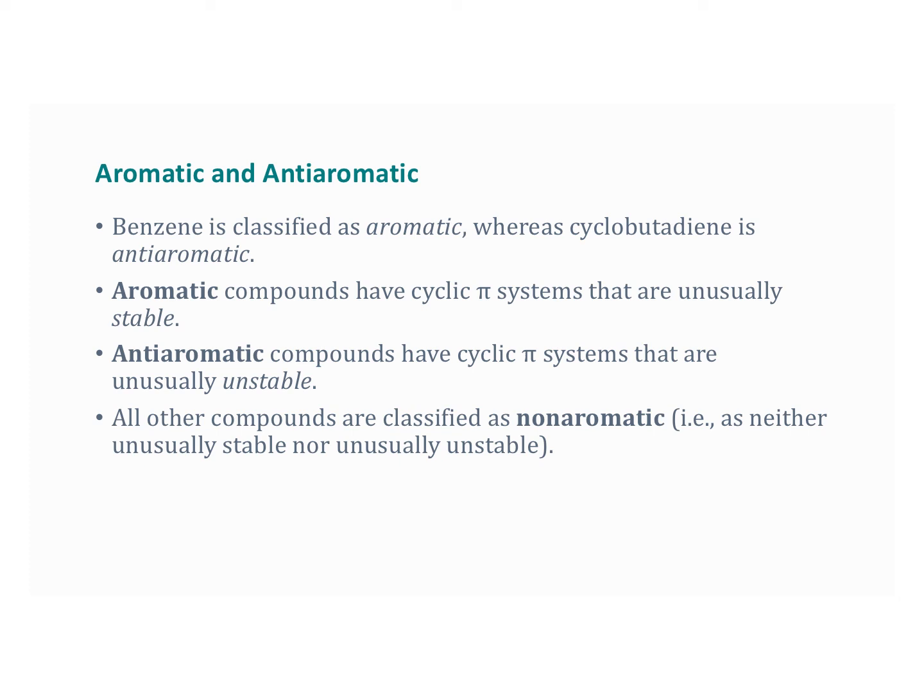Aromatic compounds have cyclic pi systems that are very stable, and anti-aromatic compounds have cyclic pi systems that are very unstable. All other compounds are classified as non-aromatic, and that means they're not unusually stable or unusually unstable.